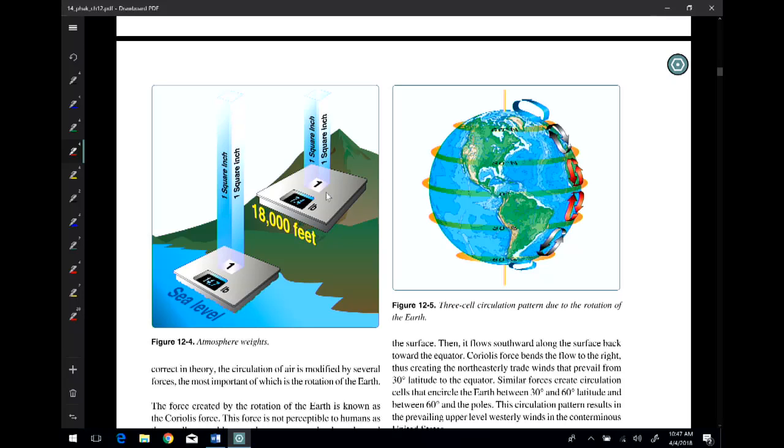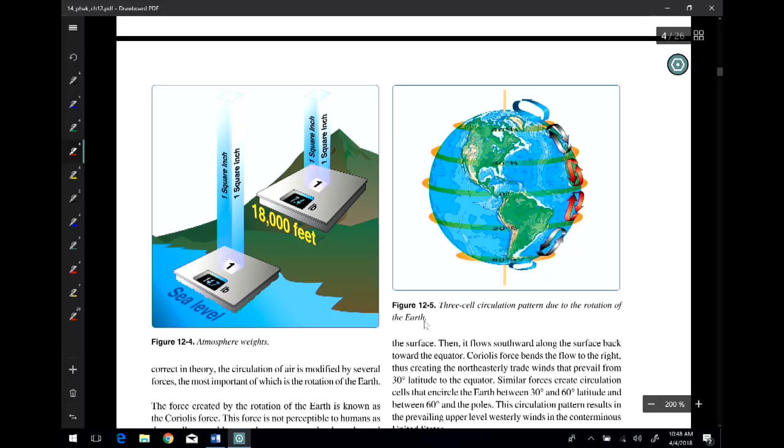Because we know that down in Maui, that's where all the molecules live, right? Because they're at sea level. At 18,000 feet, it's approximately half of that. So keep that in mind about how those molecules expand as they go up. Then we also look at the Coriolis effect in the circulation patterns.